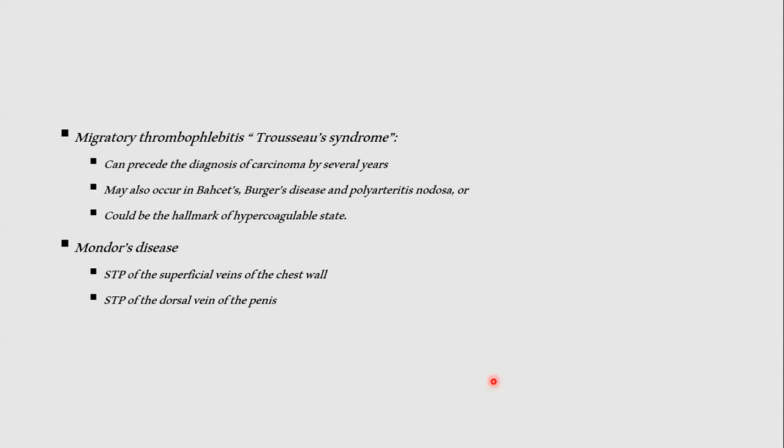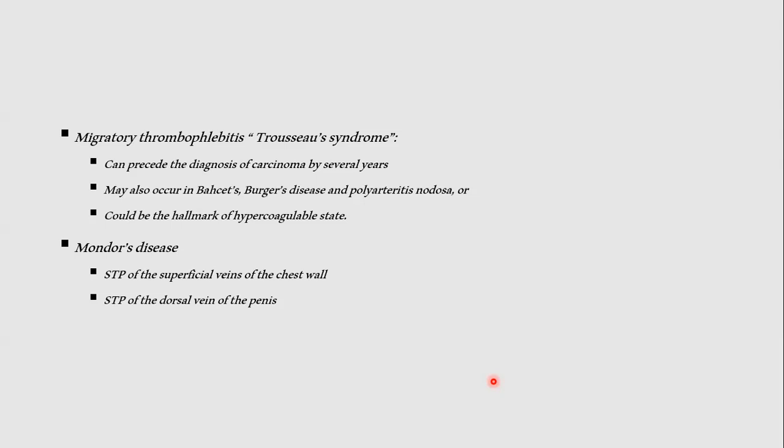It has been found that it could be a presentation of an underlying hidden malignancy, and it can precede the diagnosis of this hidden malignancy, particularly carcinoma of the pancreas, by several years. Also, it can occur in Behçet's, Buerger's disease, and polyarteritis nodosa, or could be a hallmark for a hypercoagulability state.